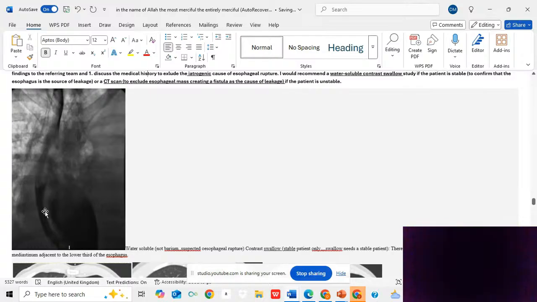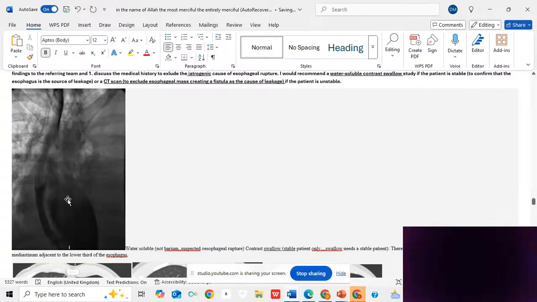So the contrast media is seen leaking into the mediastinum. There is a large amount of extraluminal contrast. It's extraluminal now, not inside the lumen.